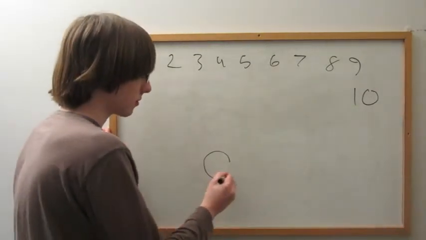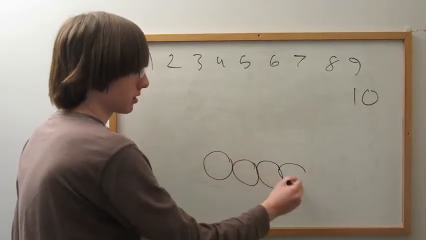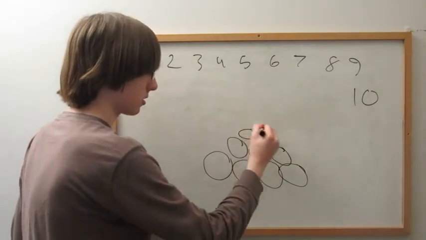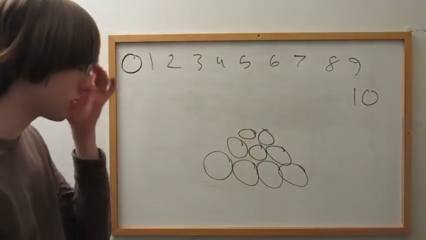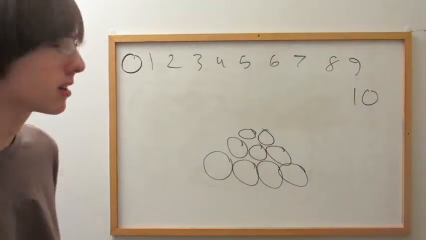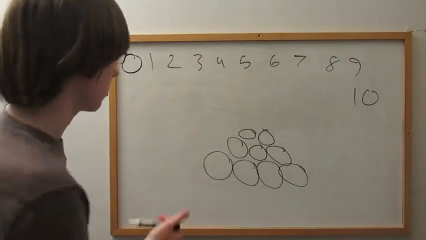So, these are balls, alright? Bouncy balls. We've got 9 bouncy balls. That's fine, right? You can count 1, 2, 3, 4, 5, 6, 7, 8, 9. And you can represent that with a number.